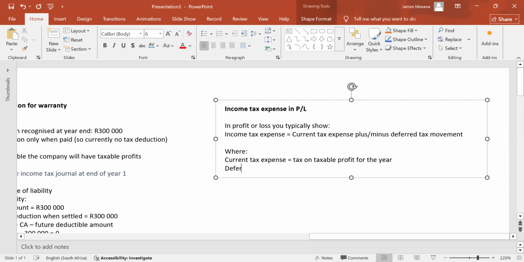And then obviously your deferred tax movement will be the change in opening to closing balances.